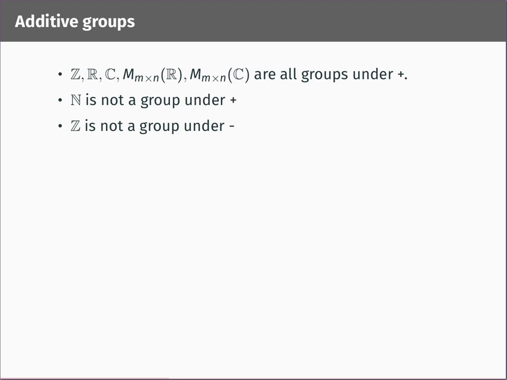If we try to check the other axioms, well, according to my definition, the natural numbers contain 0. So that means there is an identity element for addition. But we do not have inverses. So the inverse axiom is false here. The identity, as we've said, is 0.